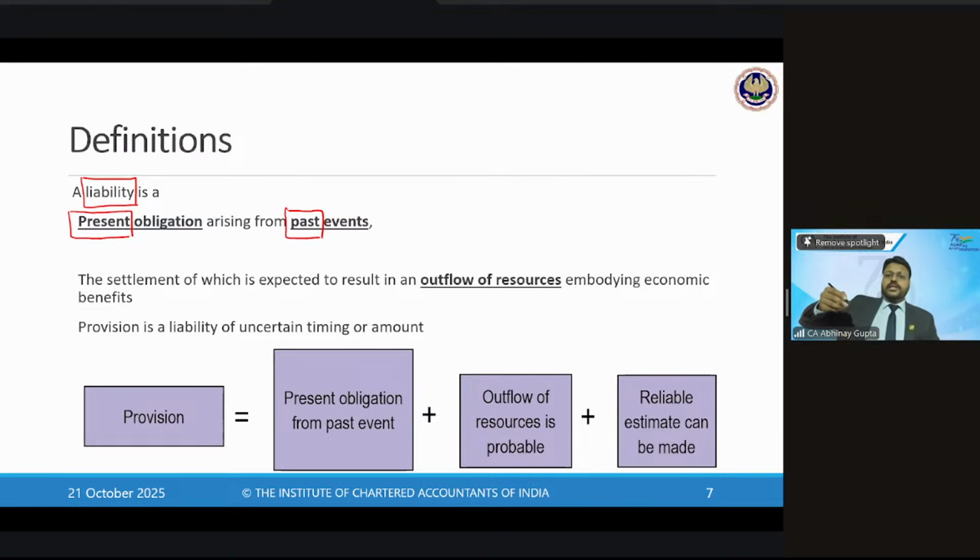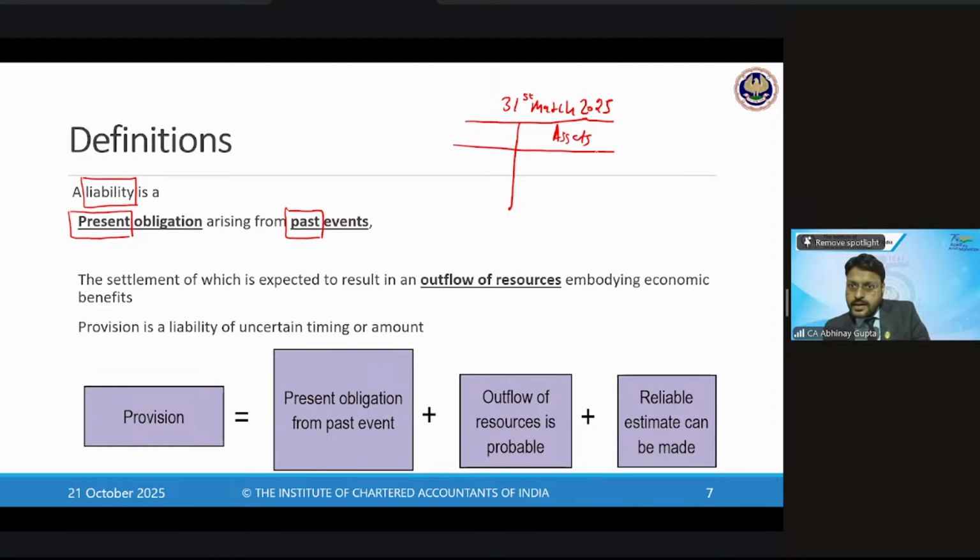That's why, in my balance sheet, if I'm preparing the balance sheet as of 31st March, these are my assets and these are my equity and liabilities, correct?